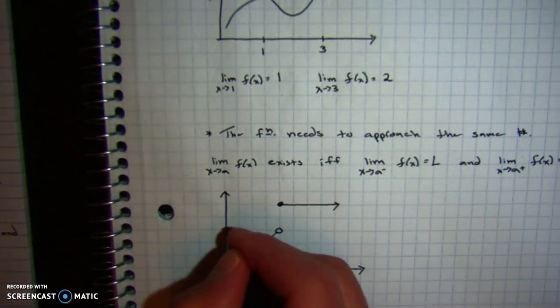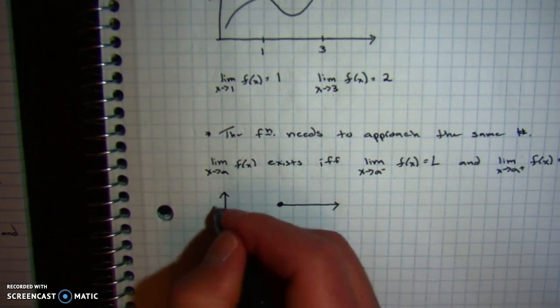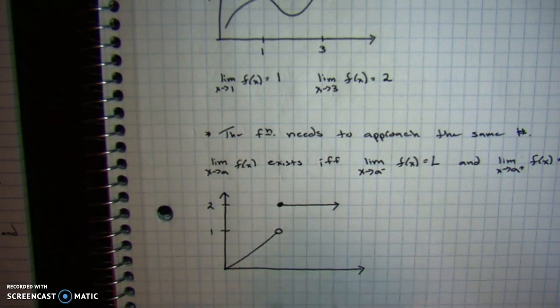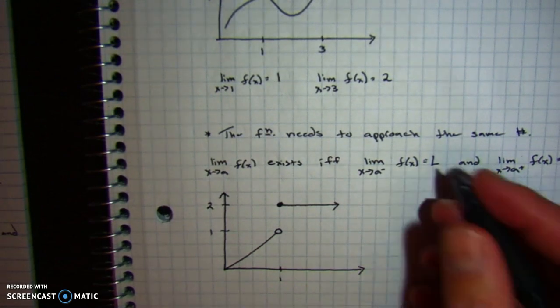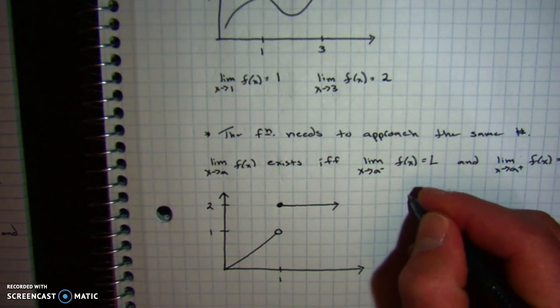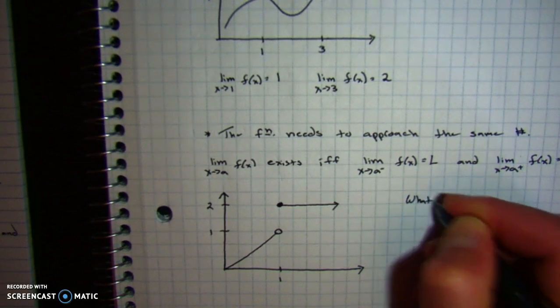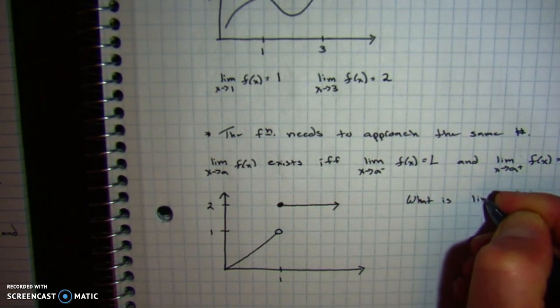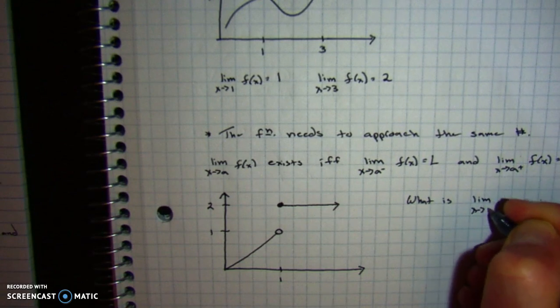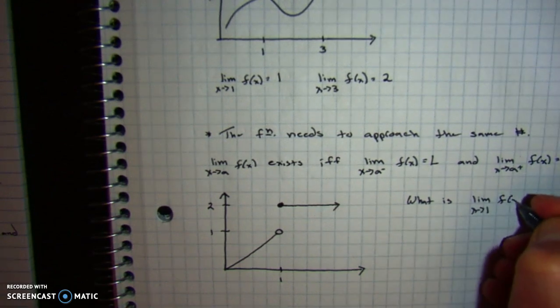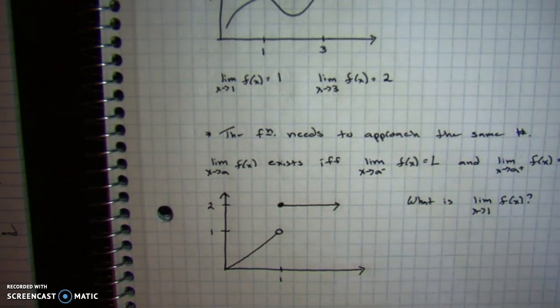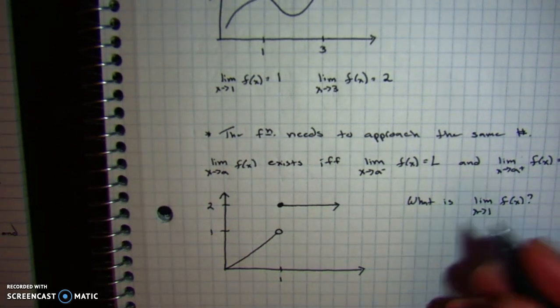So let's say this is 1, and that's 2. Okay, so maybe you're on a test or something, and the question is, what is the limit as x approaches 1 of f of x?